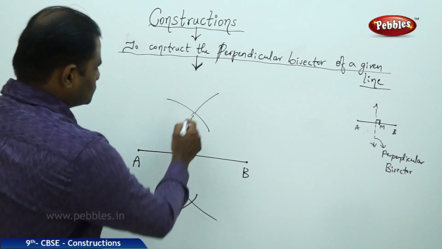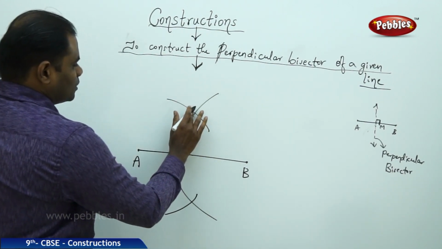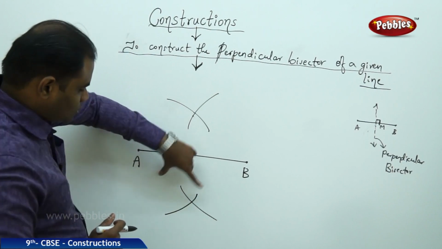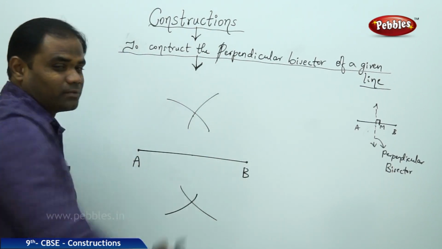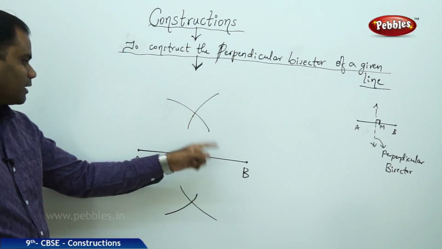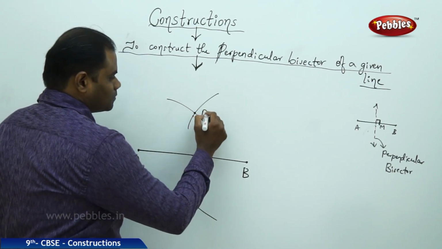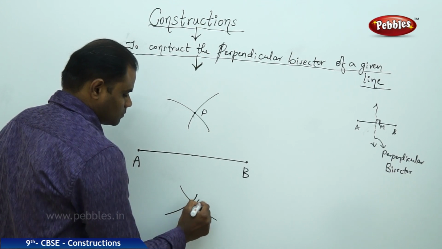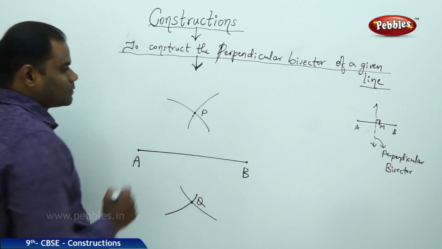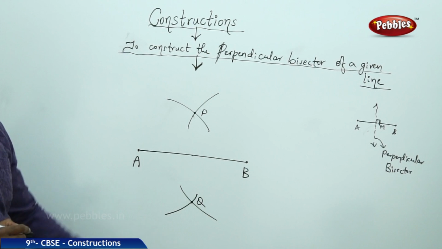So now we have the arc which is cut on both sides, and this is the way I get the two arcs from A and B meeting at these points, say P and Q. They meet at P and Q.